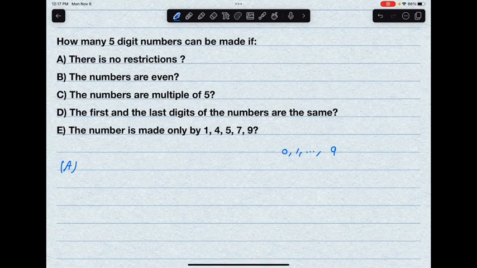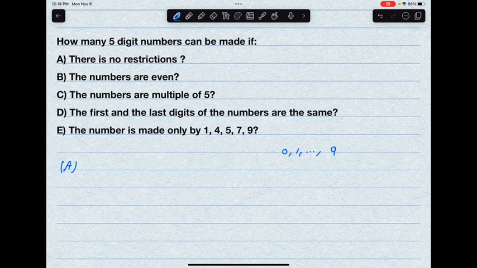Part A says there's no restriction. That means 0 can be the first digit, and digits can be repeated. But we have order, like for words, for books on a shelf, or for people standing in a line.